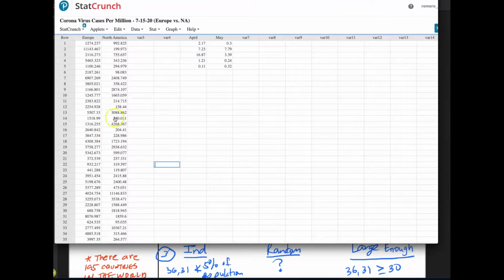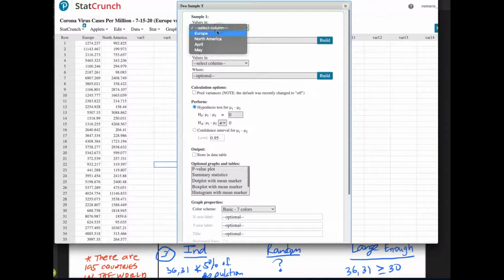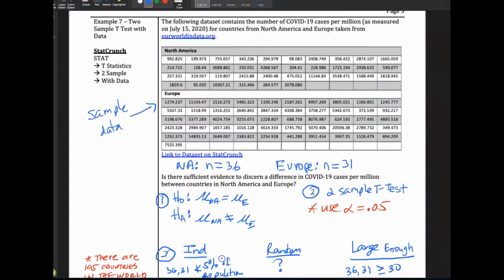There it is here. And so in this case, you're going to do a two-sample t-test with data. And so we're comparing Europe, is there a difference between Europe and North America, right? That's what we're comparing, our two groups, our samples. It's actually North America and Europe first, the way I wrote it.